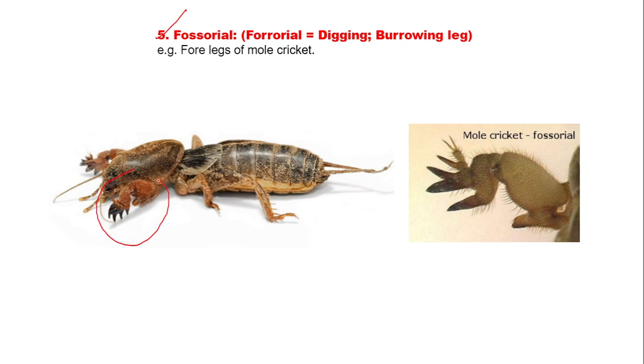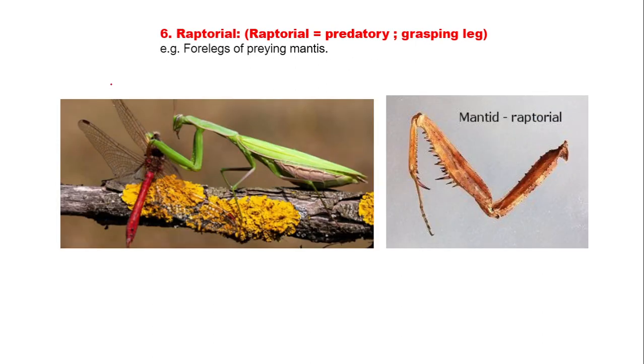These are the digging or burrowing legs. The forelegs of the mole cricket are fossorial legs. Raptorial legs. These are the predatory or grasping legs. The forelegs of the praying mantis are raptorial legs.